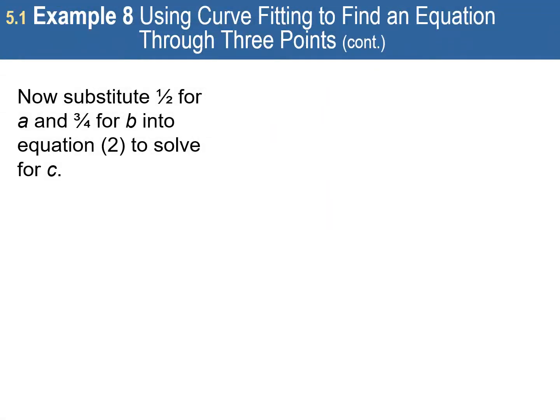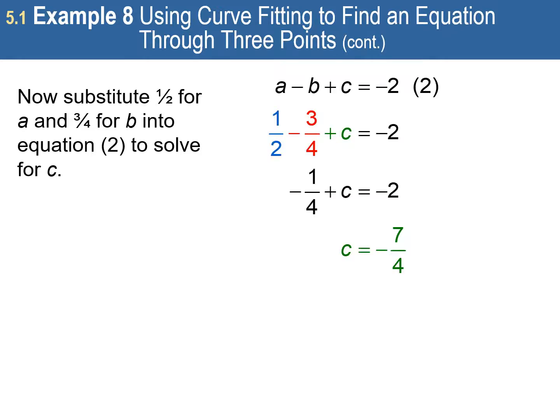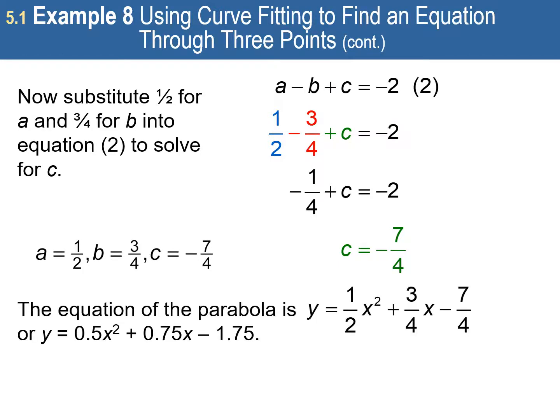Now that I have a and b, I substitute those into any of the equations I want, and I can solve for c. So the equation of the parabola is y is equal to 1/2 x squared plus 3/4 x minus 7/4.